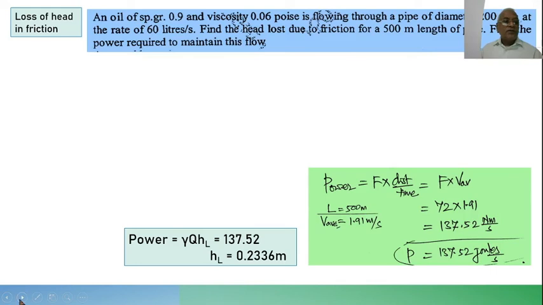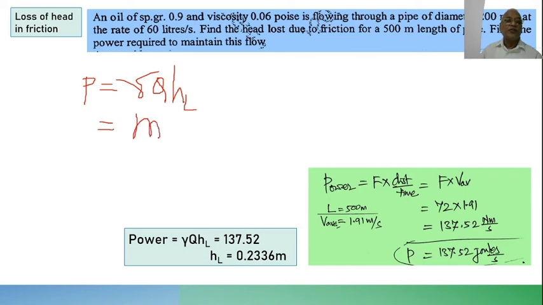The power lost is given by the formula P is equal to gamma QH. This is the way to calculate power. This head can be anything, but in this case it is power lost, that's why head lost. Gamma, they are pumping water, so it will be 9.81. I'll check only the units and then show you.